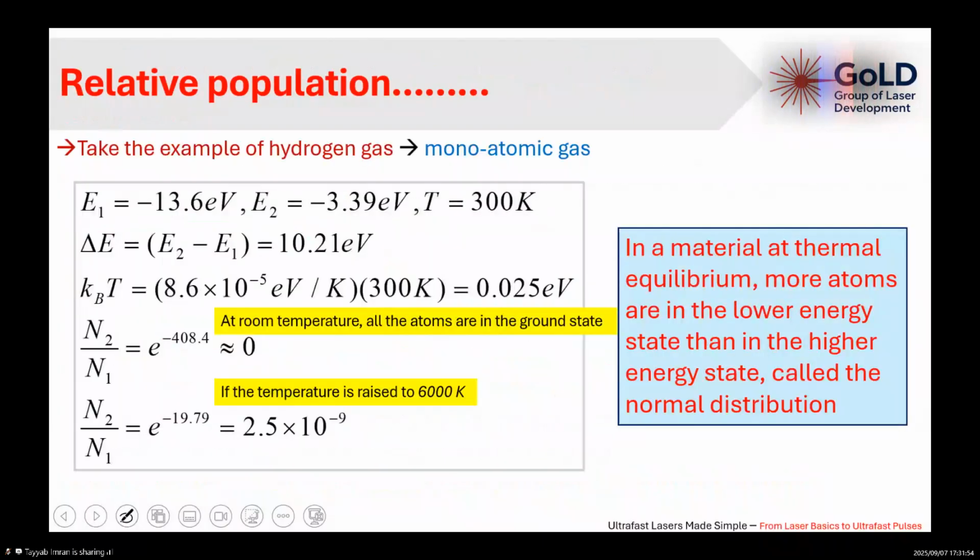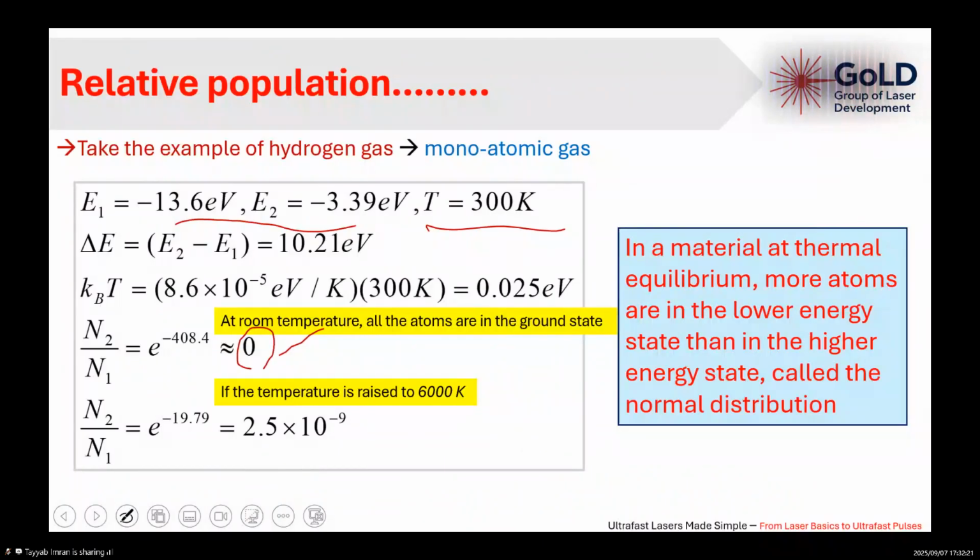This is one of the examples. You can go through it and see I put some values here. At room temperature, these are the energy levels, and this is the temperature, 300 K. What is the value of this ratio?